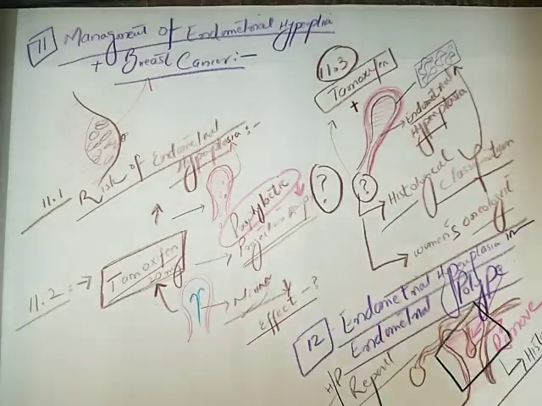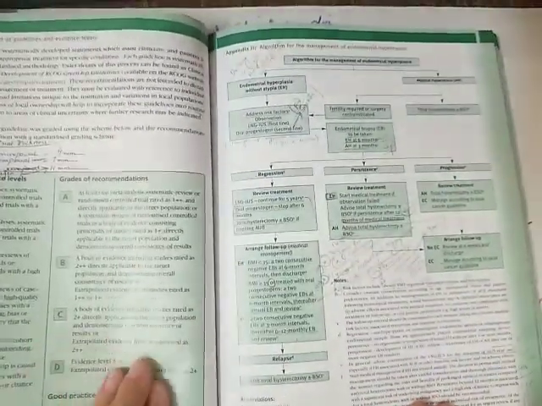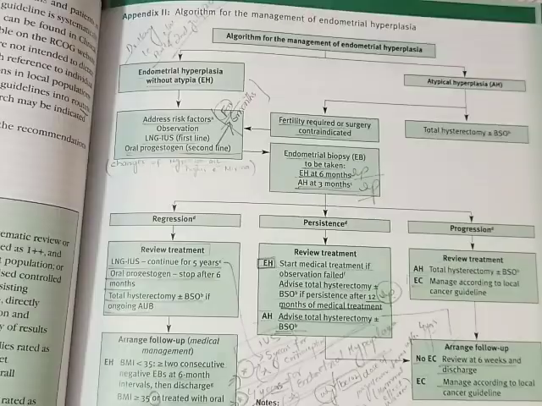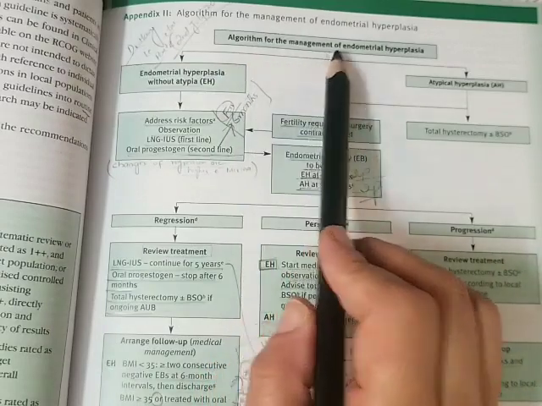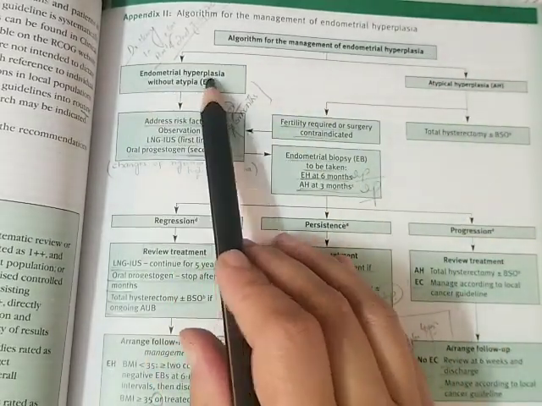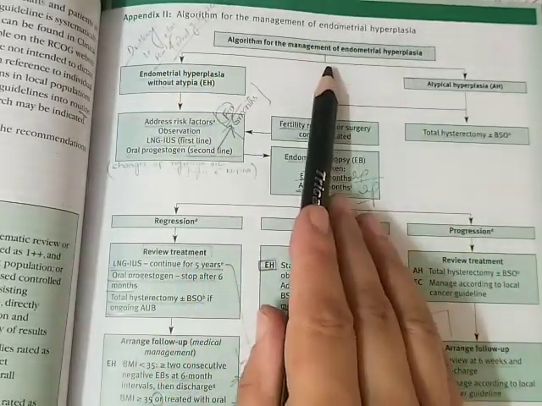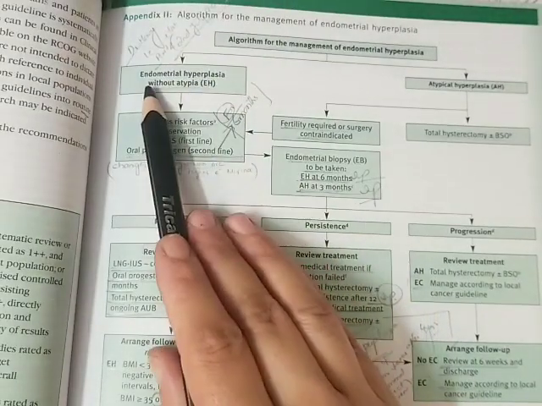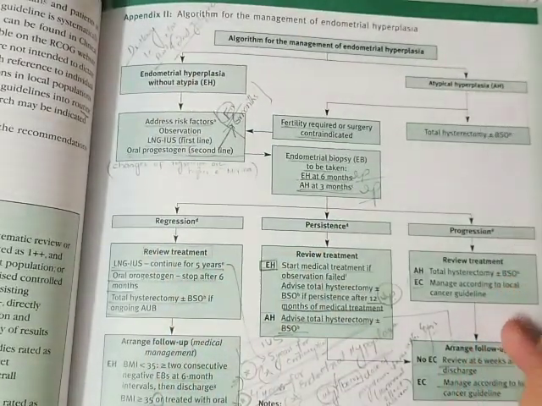Now let us discuss the very important table, which I definitely cannot draw, so I'm putting my book in front of you. Let us discuss Appendix 2, the algorithm for the management of endometrial hyperplasia. According to the WHO classification, endometrial hyperplasia based upon histopathology results is divided into two main types: endometrial hyperplasia without atypia and atypical endometrial hyperplasia.